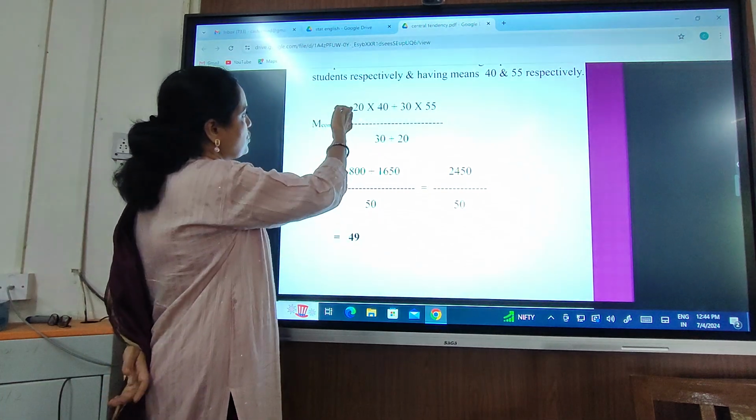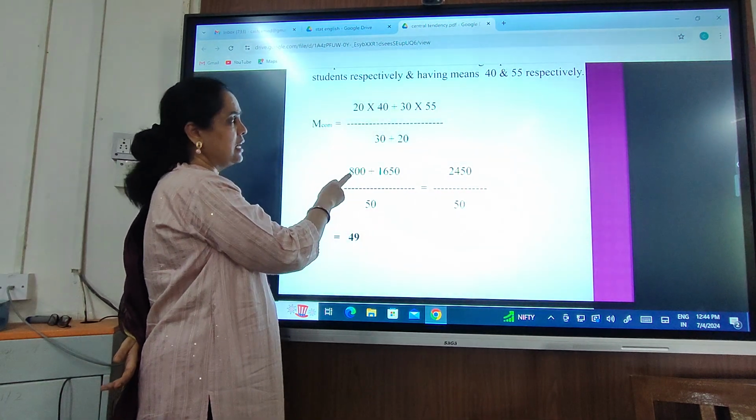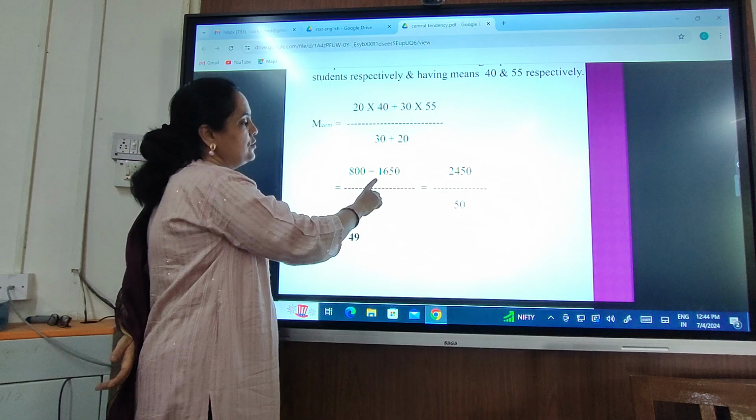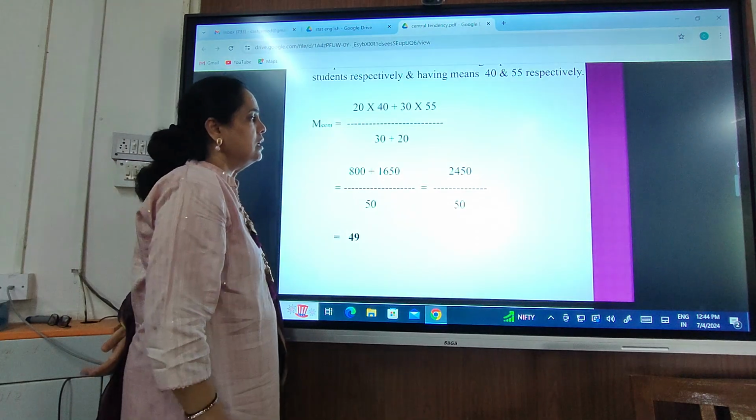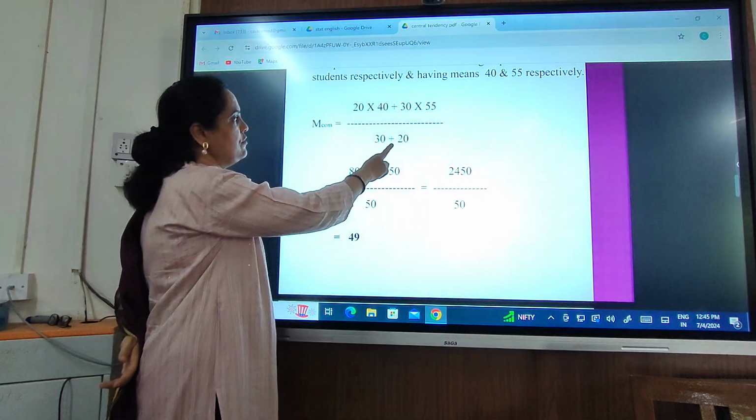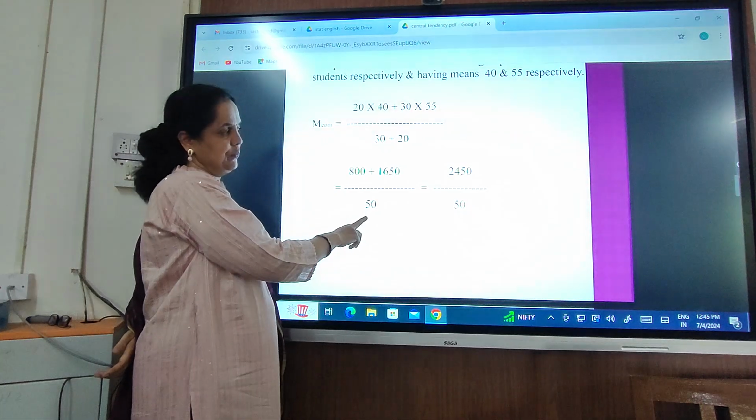Multiplication of 20 into 40 is 800 and 30 into 55 is 1650, and it is divided by 50.